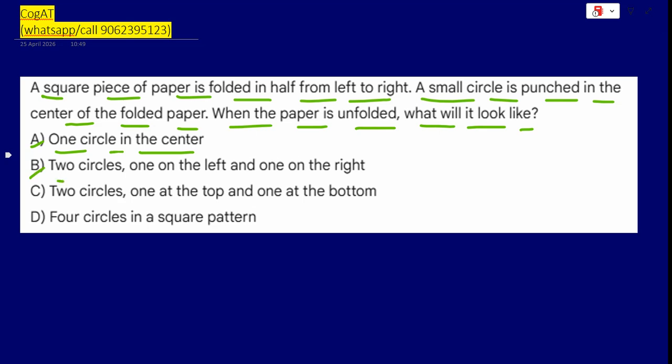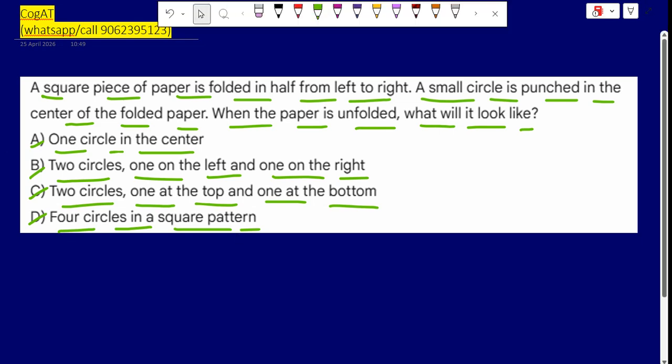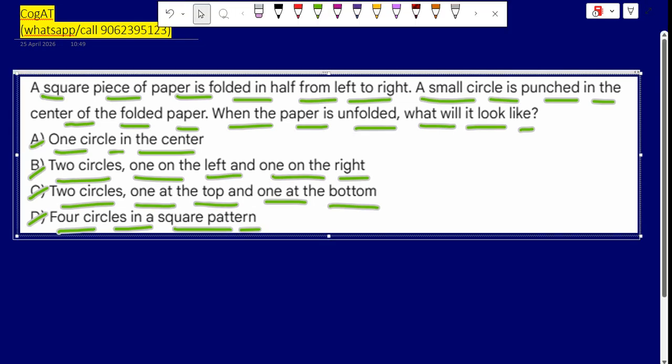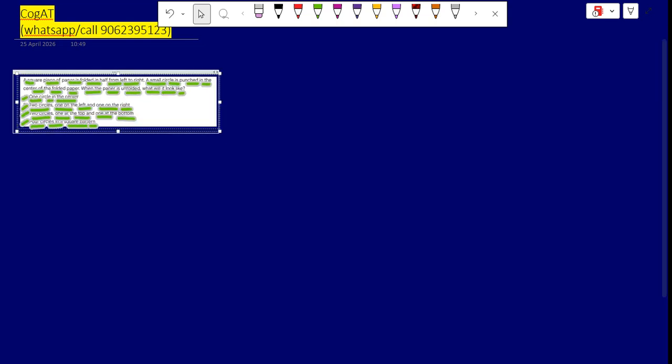Option B says two circles, one on the left and one on the right. Option C says two circles, one at the top and one at the bottom. And option D says four circles in a square pattern. Okay, so let's discuss this question. This is a very nice question.